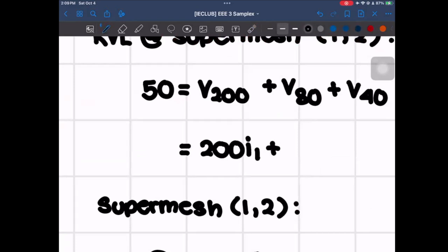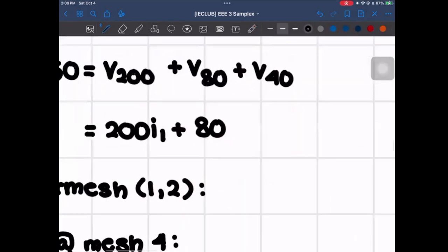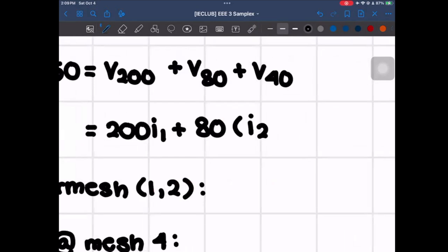Then for the 80 ohms, it's actually in between I3 and I2. And we do know that if I3 and I2 passes through this resistor, it's going the same direction. So we could actually add them together. So that would be I2 plus I3, which is 500 times 10 raised to negative 3.